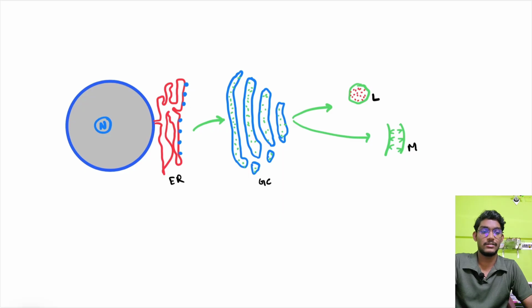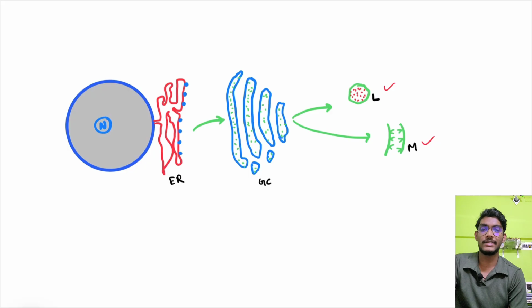There will be glycosylation, and after glycosylation certain tags will be attached to the protein, and with the help of that some will be directed to the lysosome, some to the membrane or other locations. So this is the basic outline. This should be clear in your mind before going into the detail.